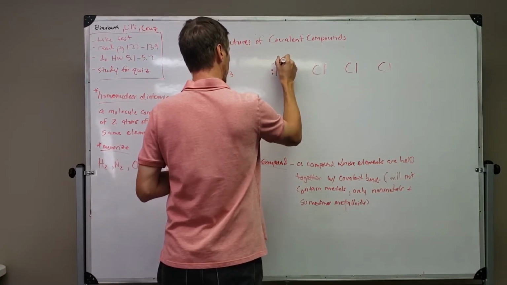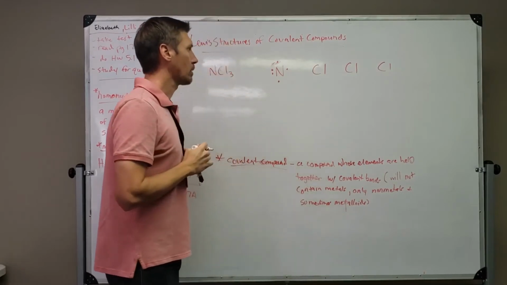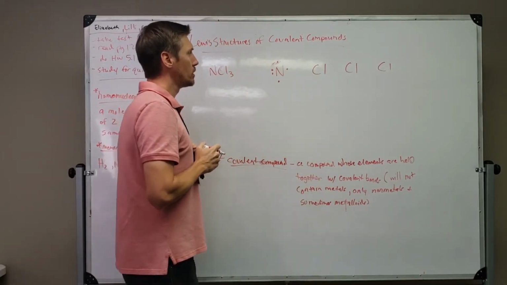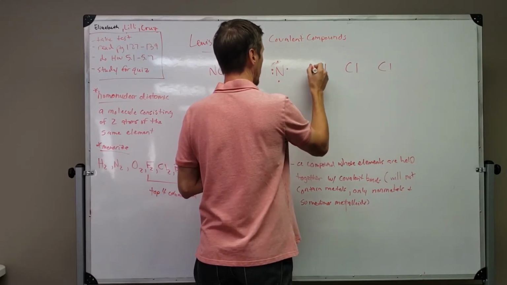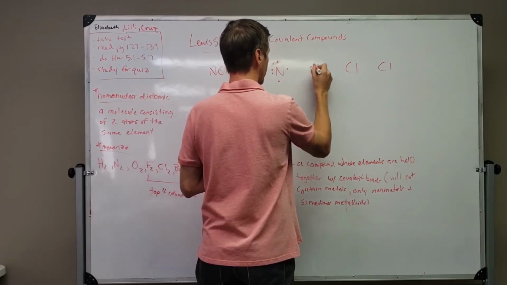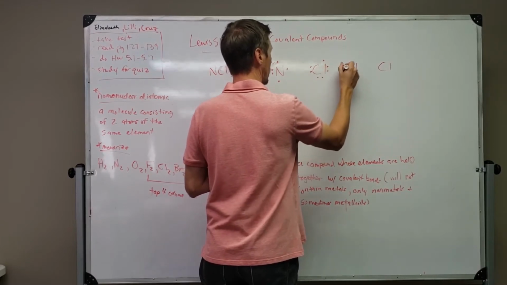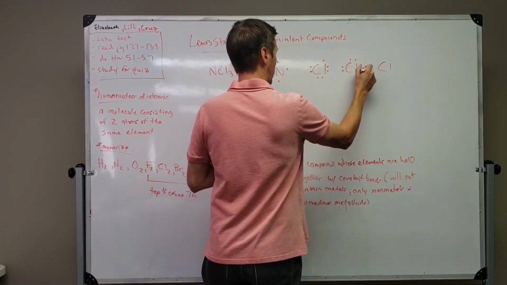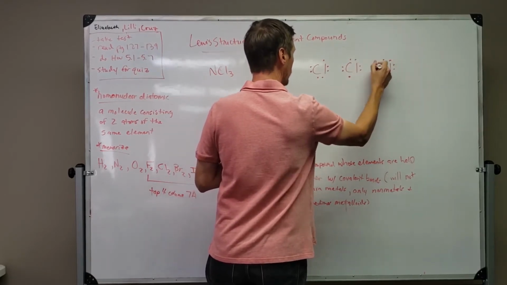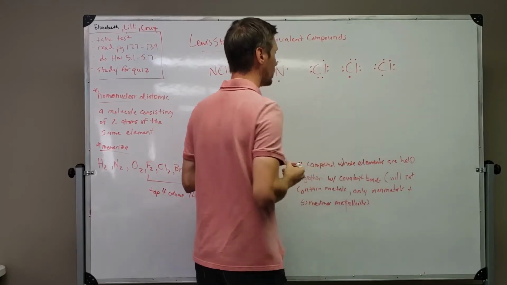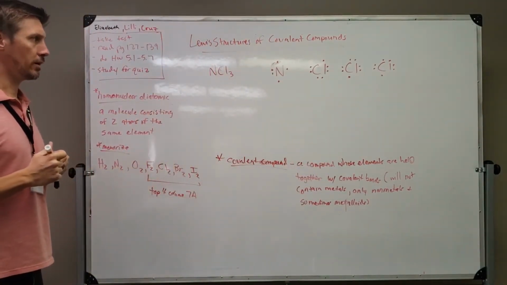Cl is in column 7A, right? So it's got 7 valence electrons. I'm going to rearrange them on my Lewis structure so it'll be clearer to identify where the electron pairs are.